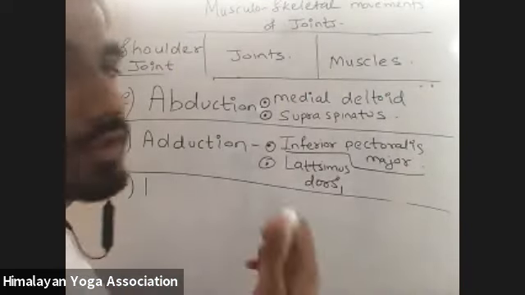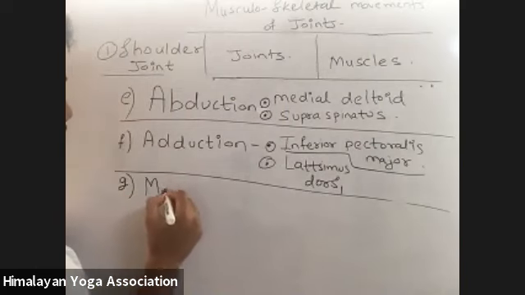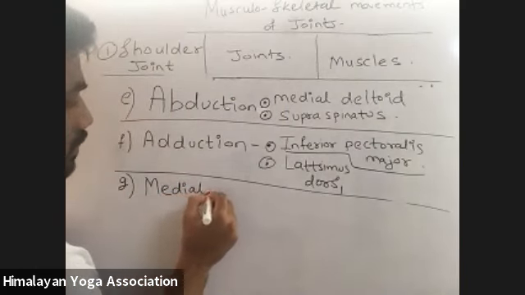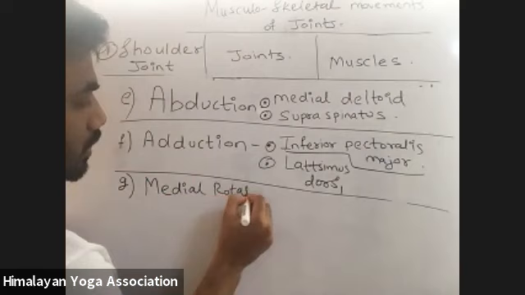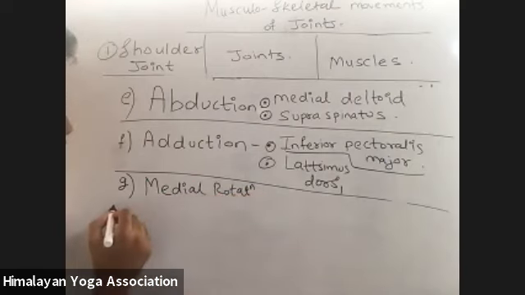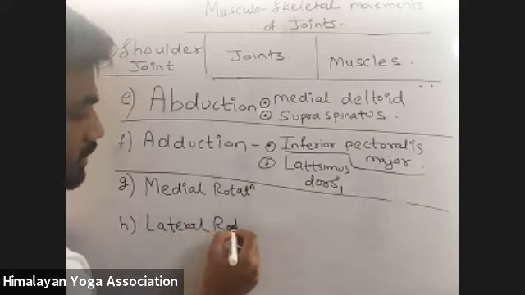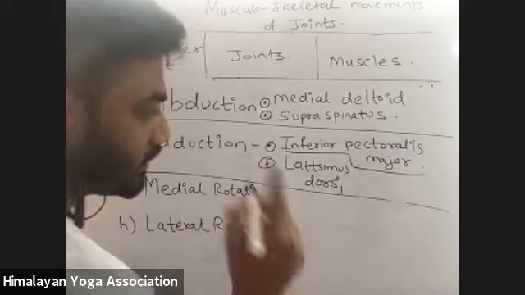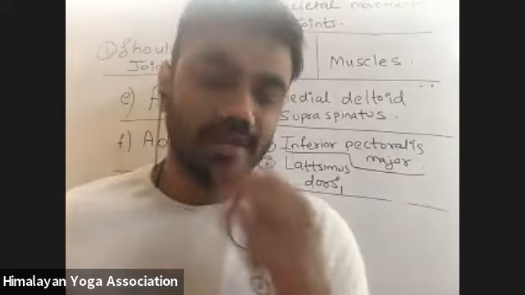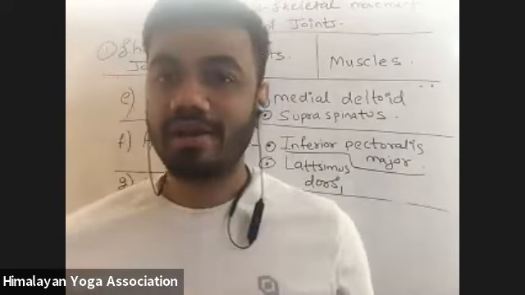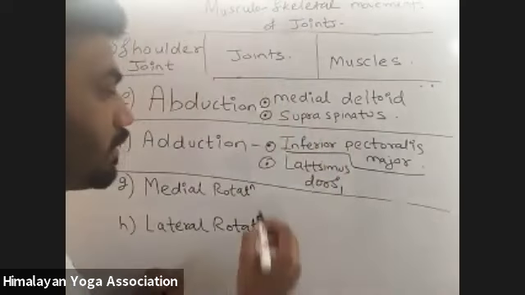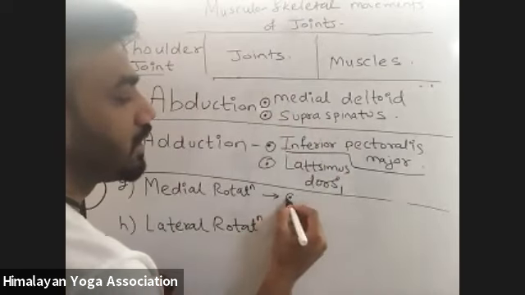Now we have the medial rotation for the shoulder joint, and we also have the lateral rotation for the shoulder joint. The shoulder joint can move in circular movement. For medial rotation and lateral rotation there are muscles.